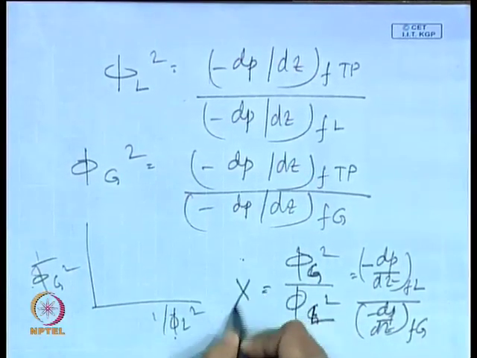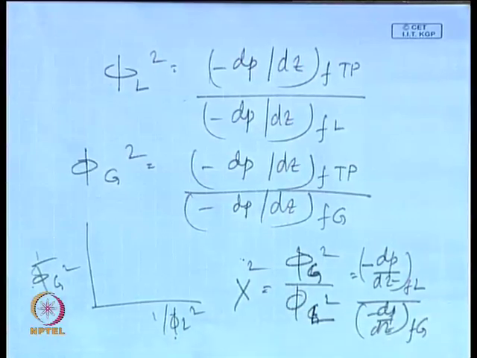So this ratio is denoted as capital X square. Please remember, do not write it as small x, because small x gives you mass quality, and this is the Lockhart-Martinelli parameter, the capital X. Make it a very bold capital, so that you yourself do not confuse it with quality.